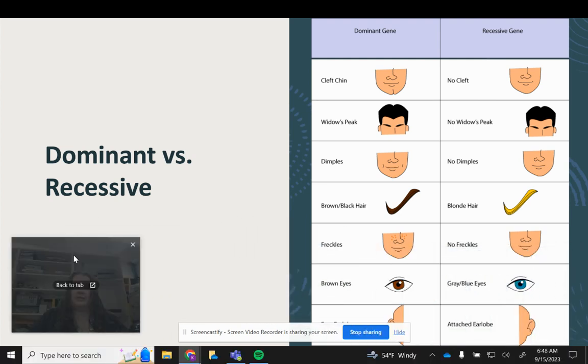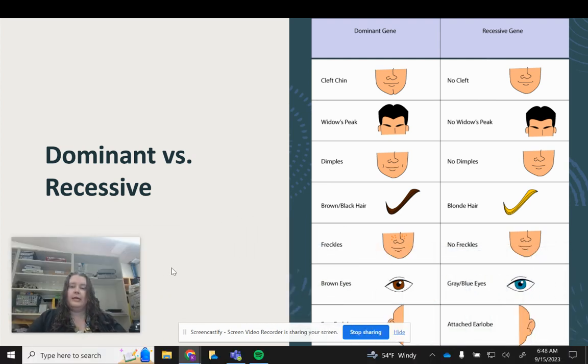I'm going to move myself over here. Okay. So here are some traits that are dominant, right here. And here are some traits that are recessive. Having a cleft chin, which is where the chin is like this, is dominant. Having a widow's peak, where your hairline comes to a point, is dominant. Dimples are dominant.